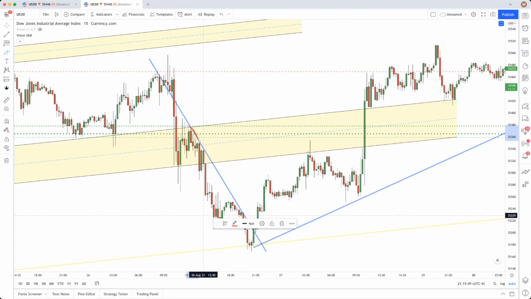I feel like a lot of people are just jumping in for no apparent reason, or you get a vision signal, but you need to have more than just one thing telling you to get in. So top of your trend, maybe a high RSI, and then vision pops a bull. Well, there you have three points telling you to get in. Not just vision, not just RSI, not just MACD.